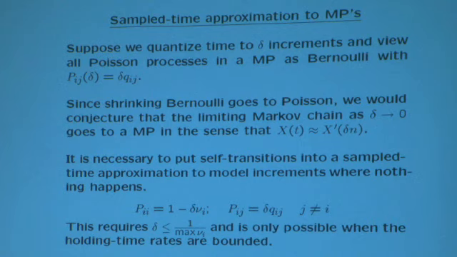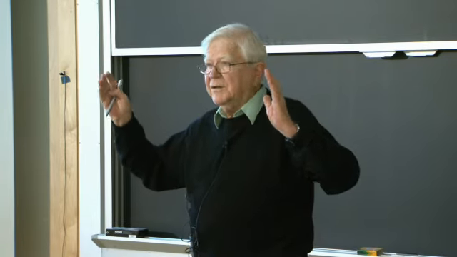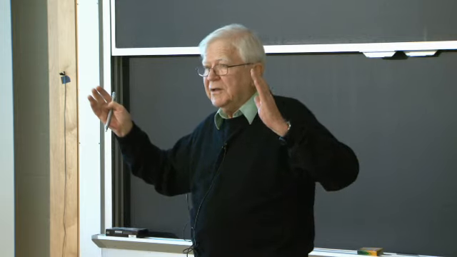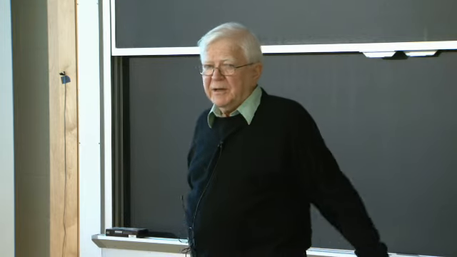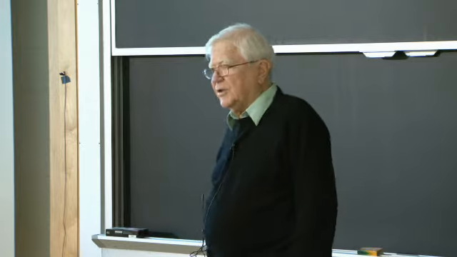If a Markov process has a countably infinite number of states, each of these nu sub i's is positive, but they can approach 0 as a limit, and if they approach 0 as a limit, you cannot describe a sample time Markov chain to go with the Markov process.